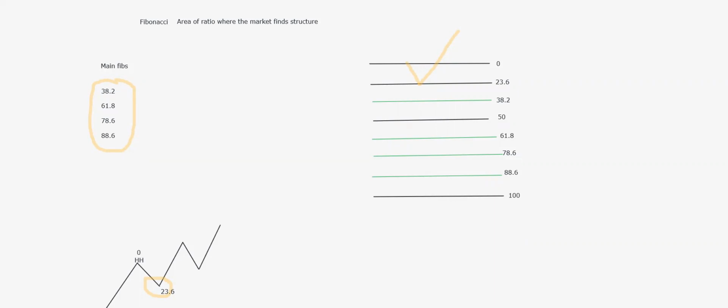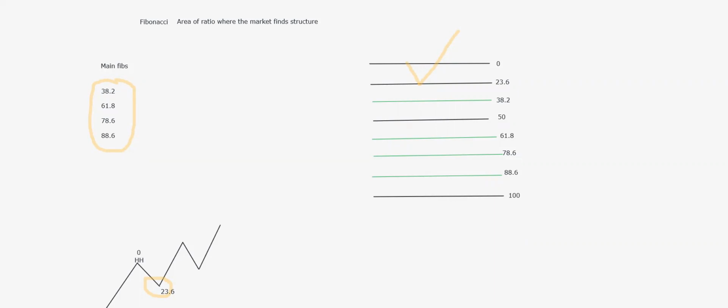But there's something that happens when price lands on 23.6. You will see a lot of consolidation, right? Price is just going to consolidate. So anytime you're looking at any type of pair and you see consolidation, that is probably a 23.6 fib level.